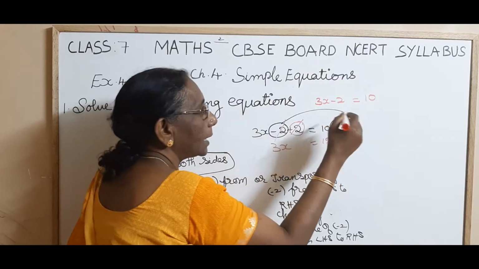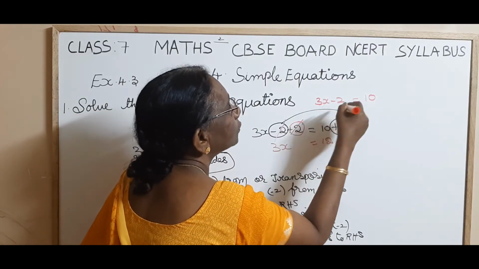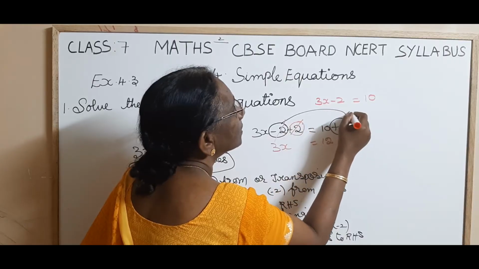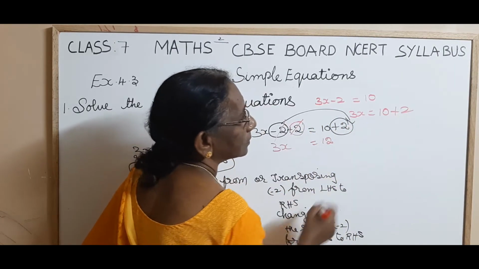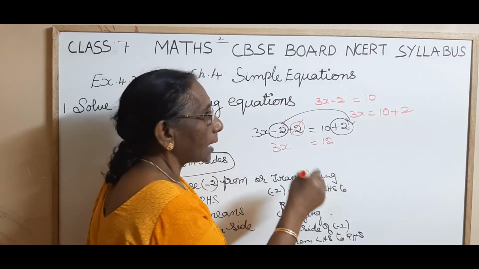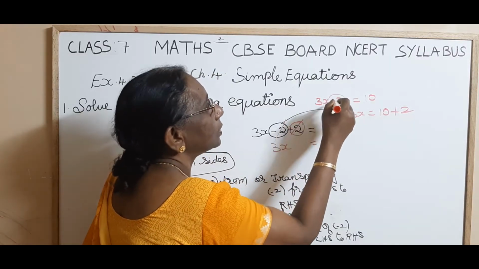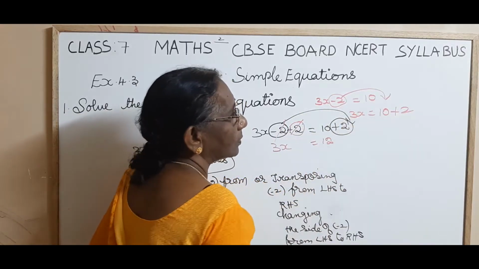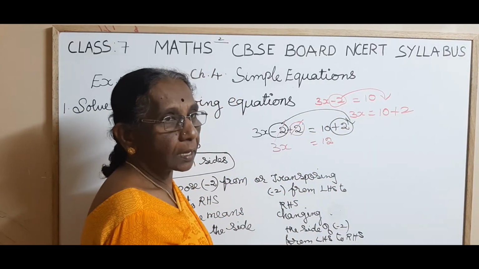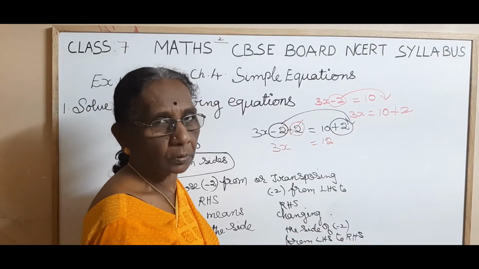Then after adding plus 2 to both sides, this side becomes 3x and this side becomes 10 plus 2. Isn't it, children? That means this minus 2, when you transpose from LHS to RHS, when it comes to the right hand side, it becomes plus 2.